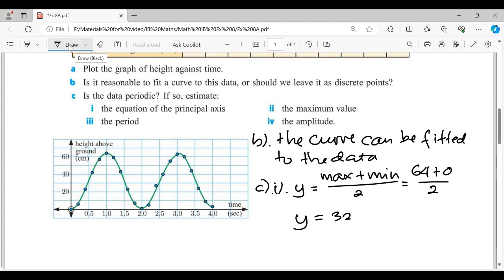Now let's continue to C2. The maximum value, of course, is 64 centimeters. 3, the period. The period from origin to this coordinate point, so the period is 2 seconds.